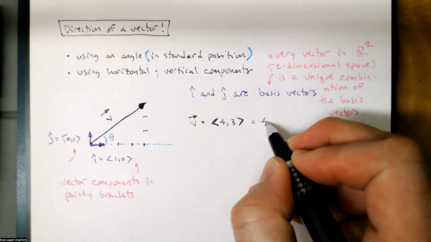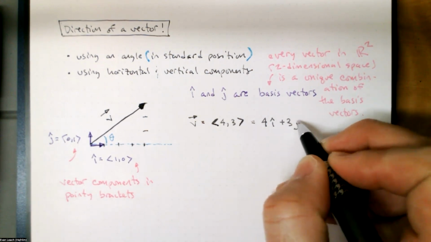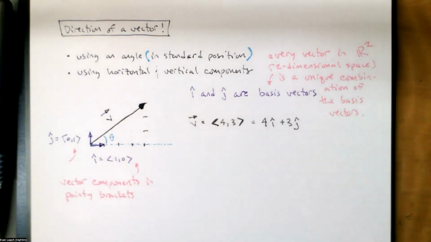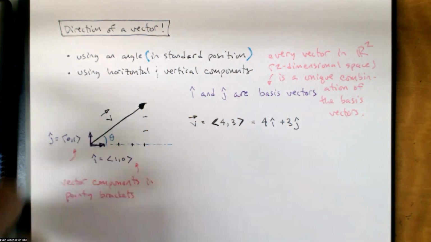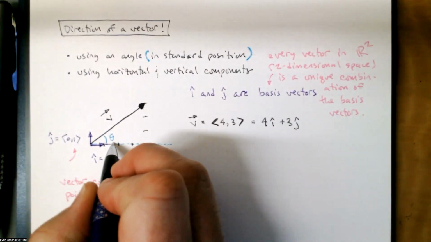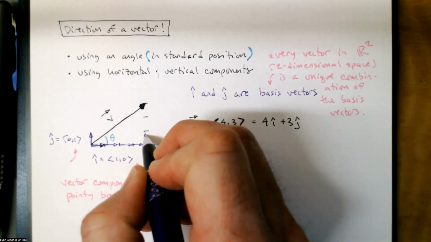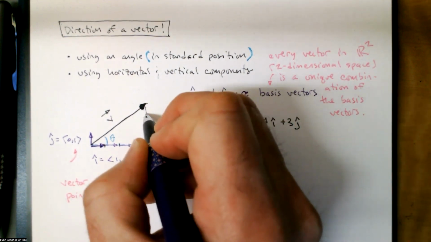It is 4 of the vector i and 3 of the vector j, with 1i, 2i, 3i, 4i, 1j, 2j, 3j.